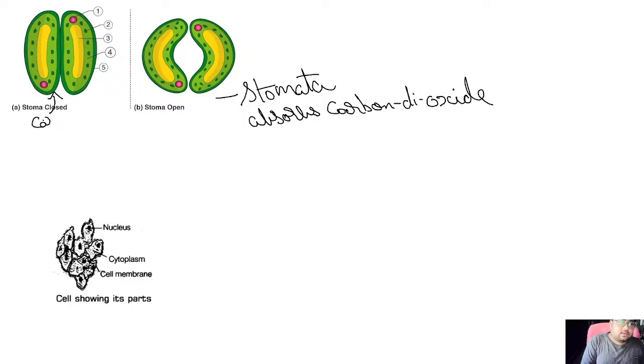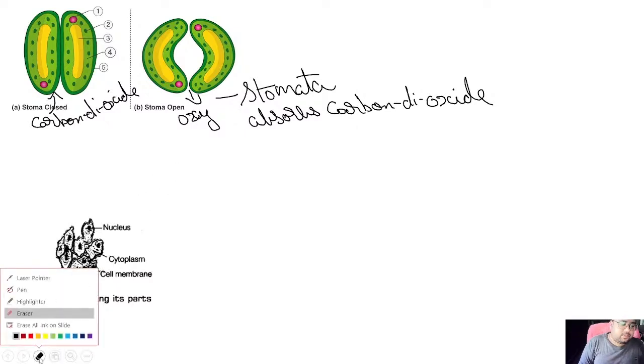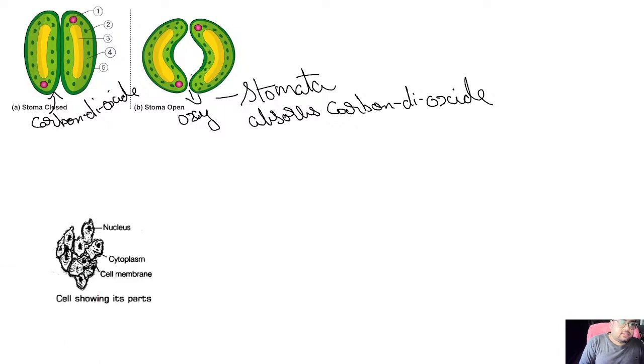When they open, the unwanted oxygen from plants is released. This is what stomata do. They open and close. These are tiny pores present in plants. They are very tiny, you can't see them with your bare eyes.